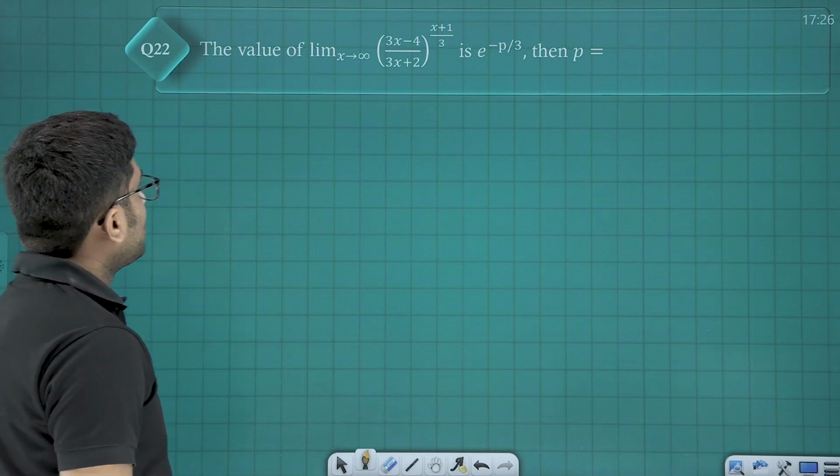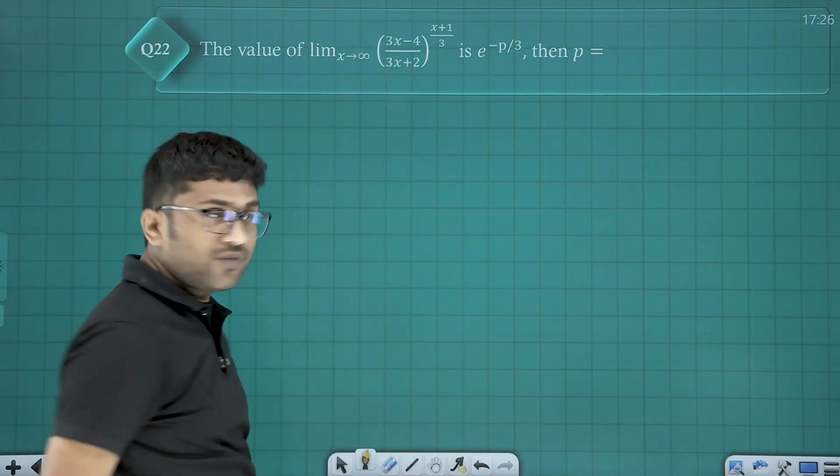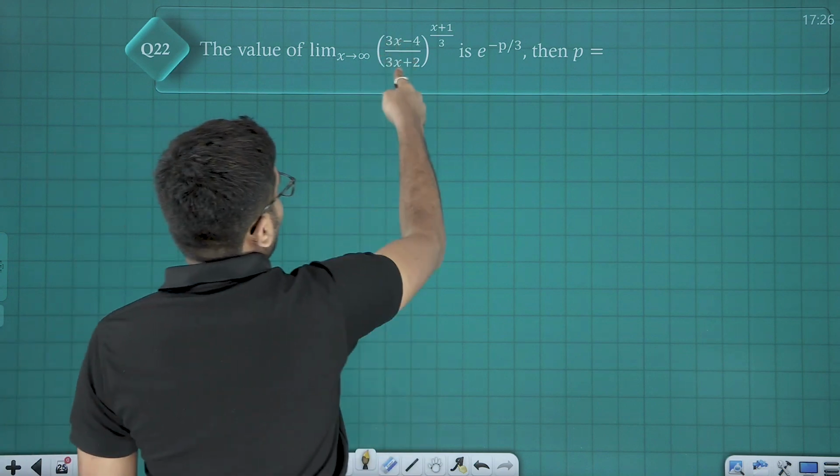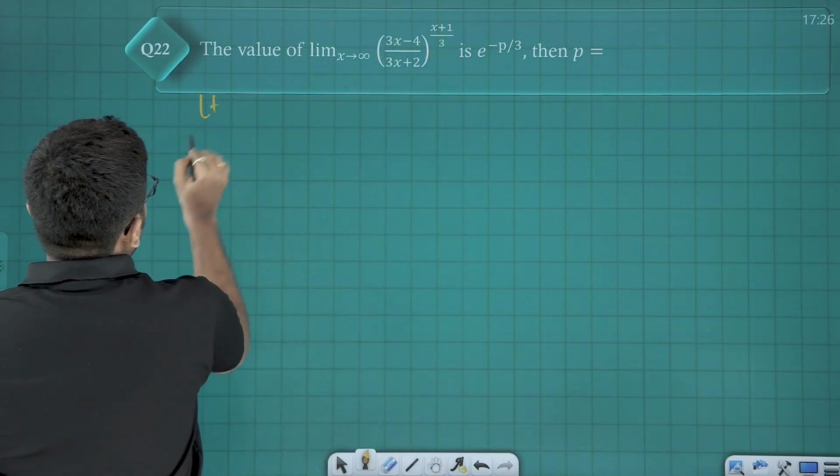The value of limit x tends to 0. So clearly, friend, when you take x tends to infinity, the value is 1 raised to infinity, 1 power infinity form. So for 1 power infinity form, what to do?